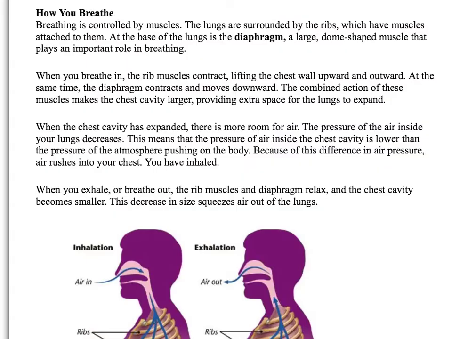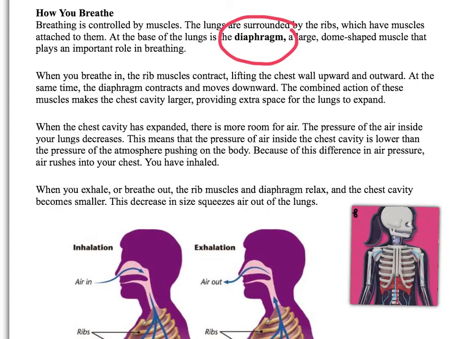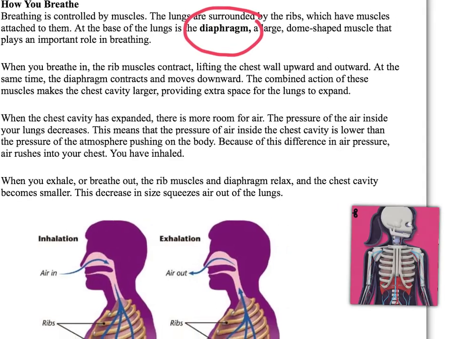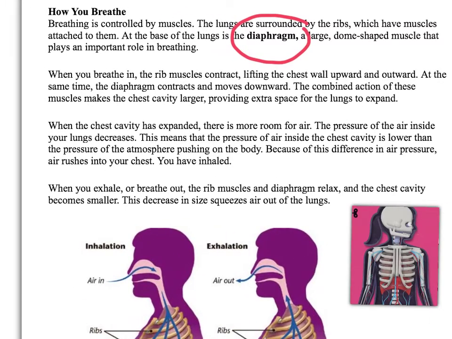Now this video is getting a little longer than I hoped, so I'm going to quickly go over how it is that we breathe, and then we'll talk about it more in class. The main thing about this is that it's all about the diaphragm. The diaphragm works very closely with the rib muscles to contract.